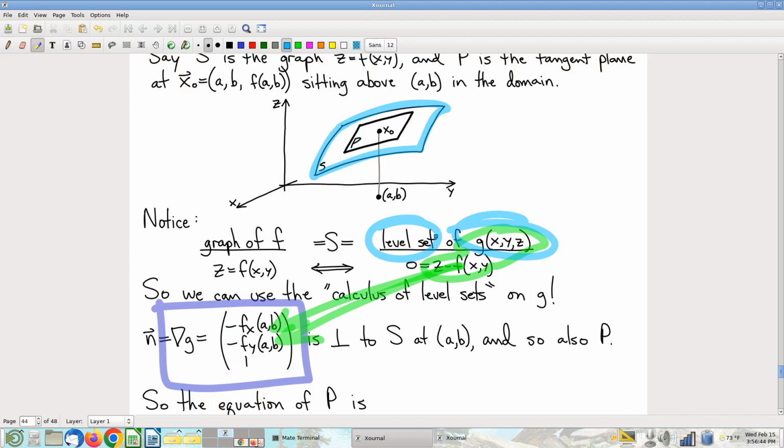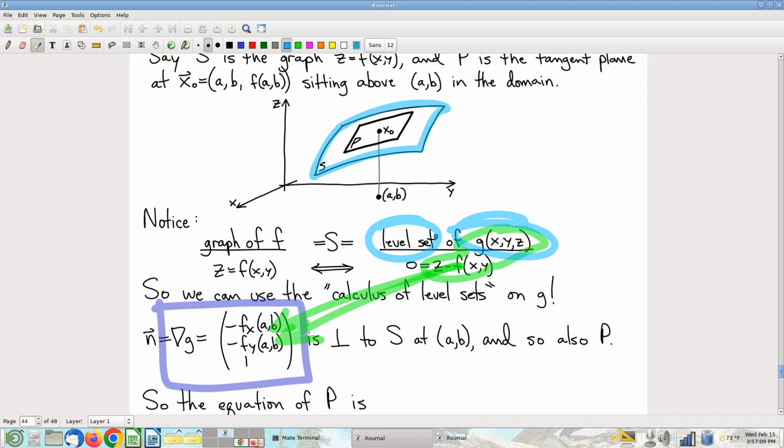It's tempting to say the gradient is perpendicular to the function, but that's a mismatch of type. Perpendicularity is a geometric statement. A function is not a geometric thing. So you need to know, we talked about the graph of the function or the level sets of the function, and in this case, level sets.